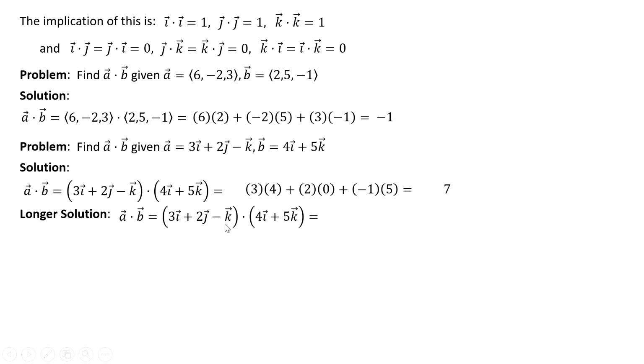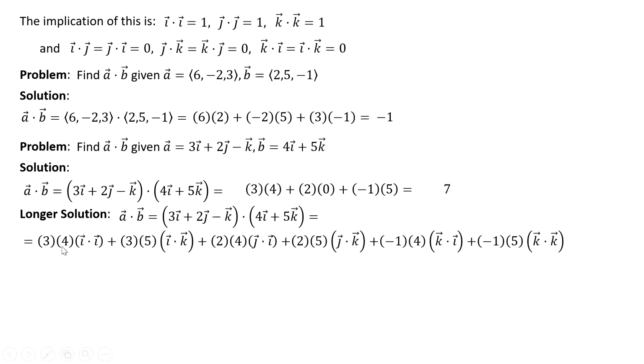You can do that. It works more or less the same way. So the first would be 3i dotted with 4i. So that means 3 times 4 times I dot I. Then 3 times 5 I dot k plus 2 times 4 times j dot I, and so on. Okay, so we can distribute out like that.